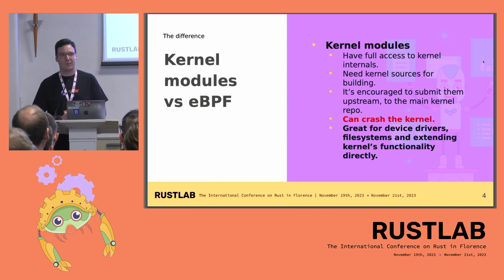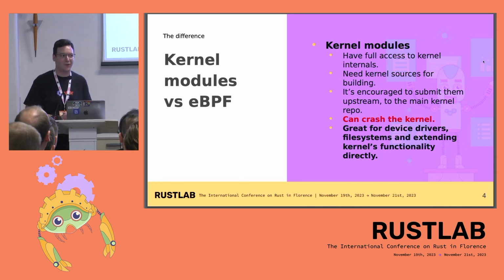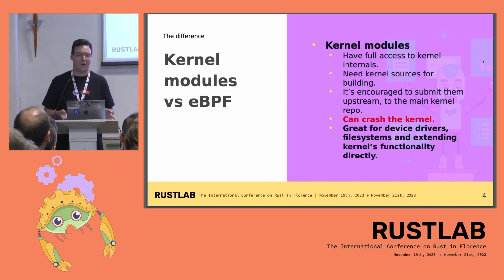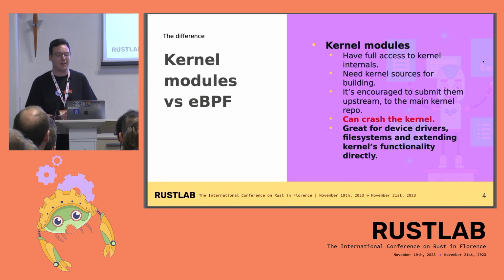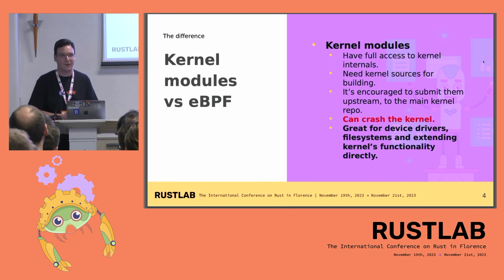When you write your kernel module, of course, you can keep it in your own Git repository out of tree, but it's very encouraged to submit it to the upstream kernel repository, and most of the drivers are in the mainline kernel repo. The important thing to note is that when you write a kernel module, you don't only have full access to the kernel internals, but if you do something wrong, you can also crash the kernel.